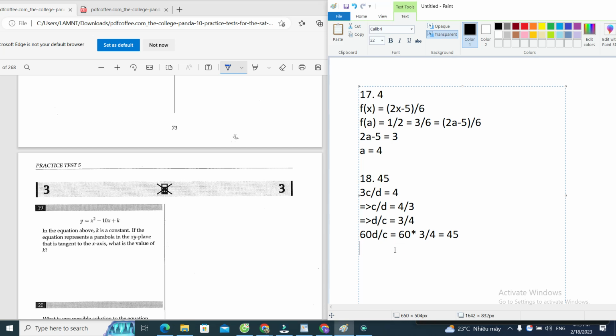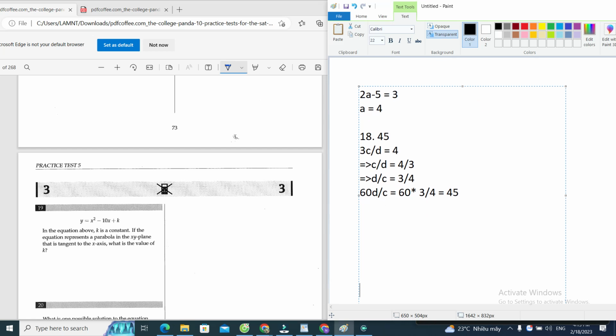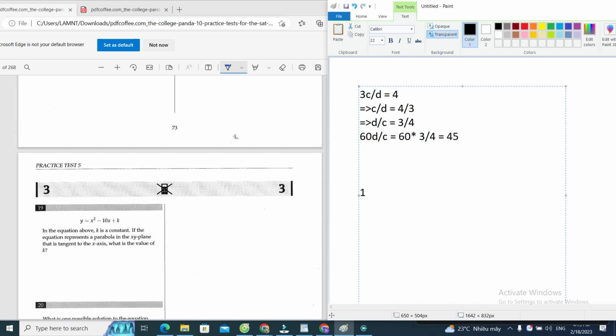Okay, so for number 19, we have y equals x squared minus 10x plus k.